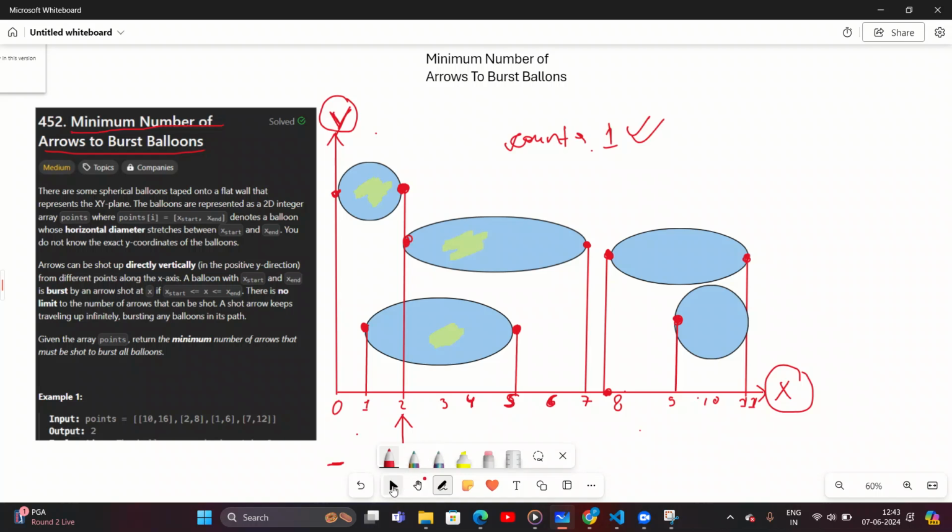So we will take this arrow and move to, I think, this point, because it is covering the other 2 balloons. So it will burst these also, and we will increase the count to 2. The minimum number of arrows required will be 2 in order to burst all these 5 balloons.